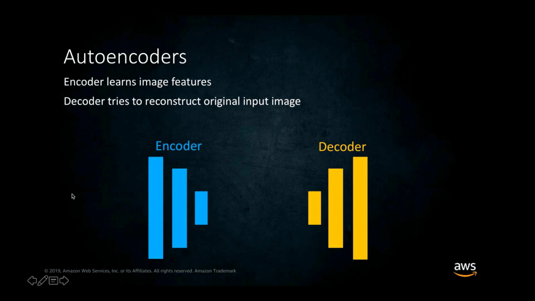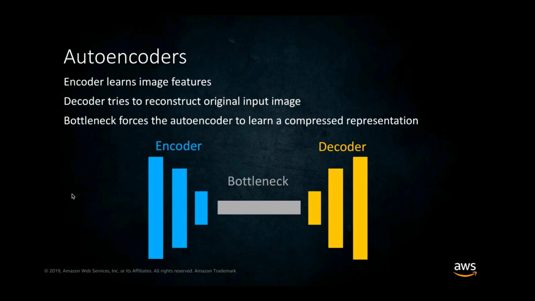And that is also why it's called autoencoder. However, the autoencoder consists of a bottleneck layer, and that forces our autoencoder to learn a compressed representation of the input data and to basically only learn the most meaningful features in our training dataset.